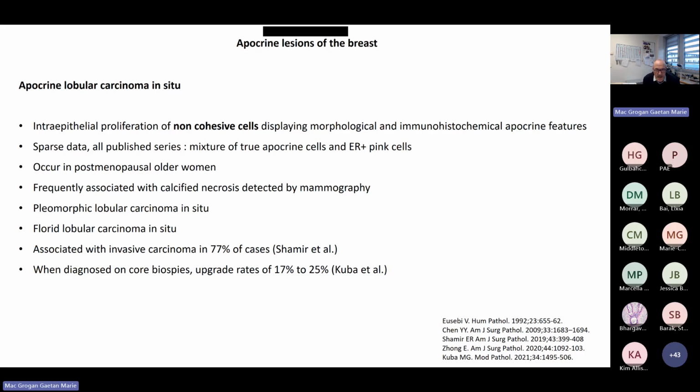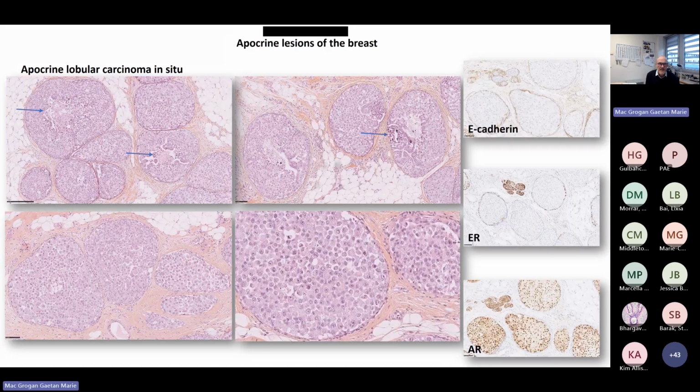In the series of Shamir et al., they were associated with invasive carcinoma in 77% of cases. And when diagnosed on core biopsies, the upgrade rates on surgical specimens varied from 17 to 25% in the series of Cuba et al. Here's an example of an apocrine lobular carcinoma in situ, what the current version of the WHO would call the apocrine variant of the pleomorphic lobular carcinoma in situ.